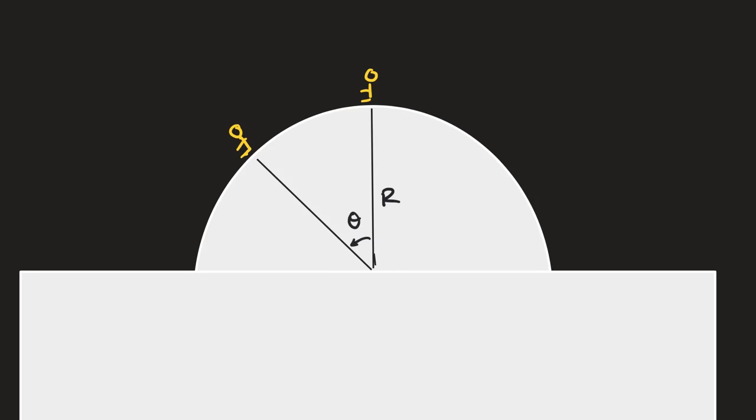I'll allow you to use m for the mass of the person, r for the radius of the sphere, theta, and any fundamental constant you want. But what I'd like you to be able to tell me is, what is this guy's kinetic energy? Because basically that's also telling me what his velocity is at any point along the sphere. Let's go with 120 seconds on that.